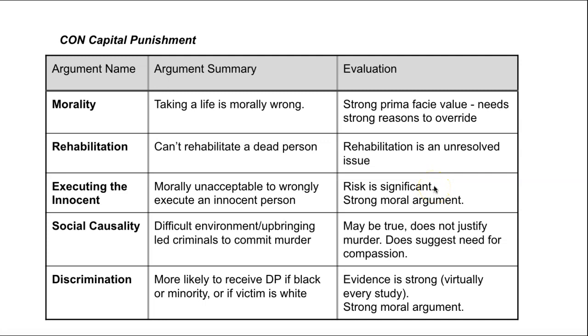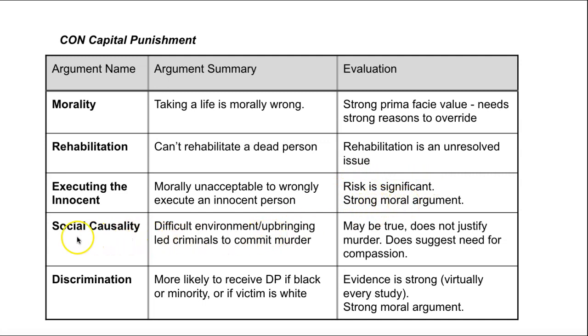For example, between 1973 and 2019, 166 people on death row have been exonerated. That's 3 or 4 a year who have been found innocent, or at least have found a reasonable doubt in the case. So that is a strong moral argument against capital punishment.